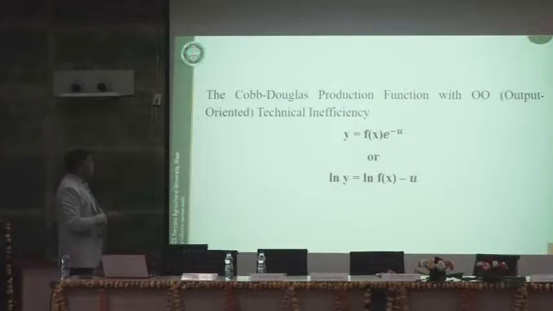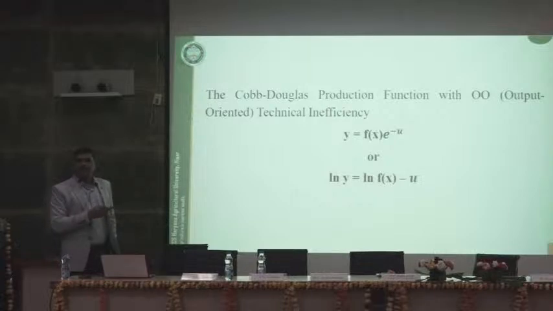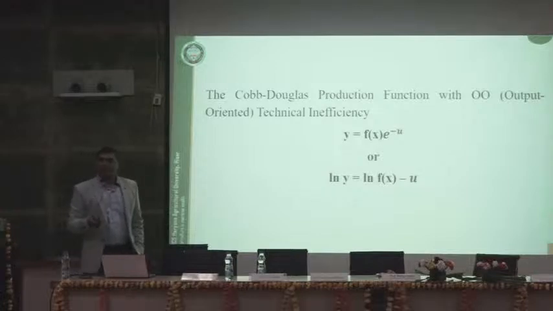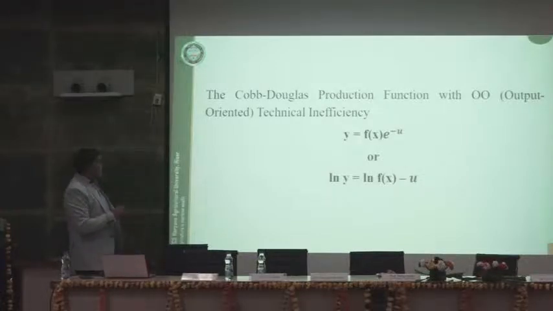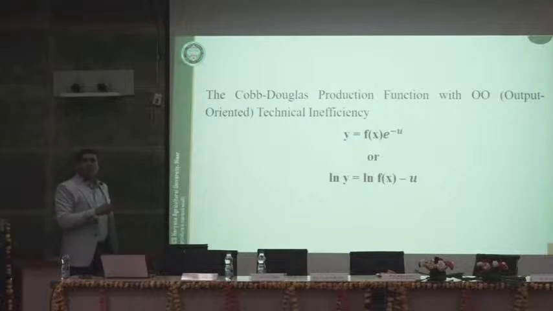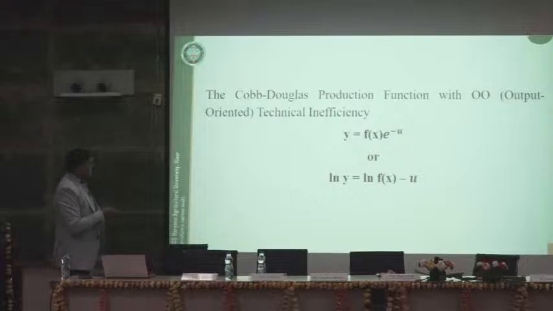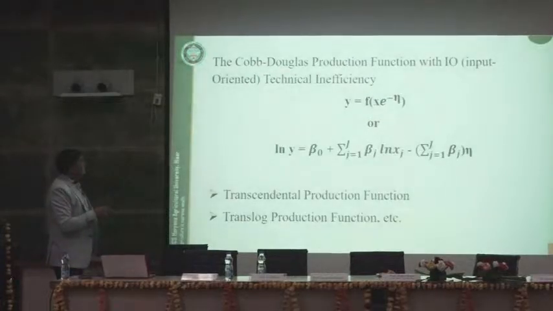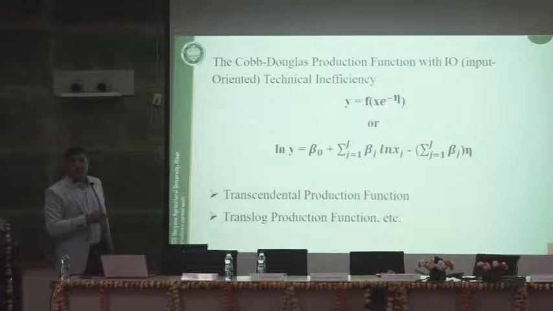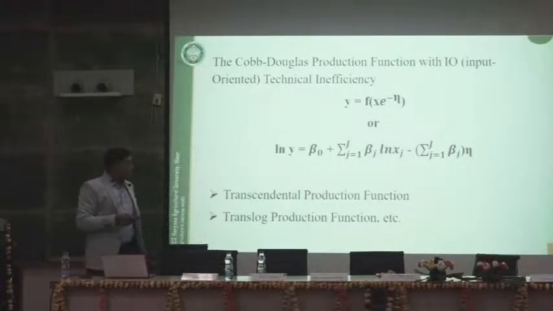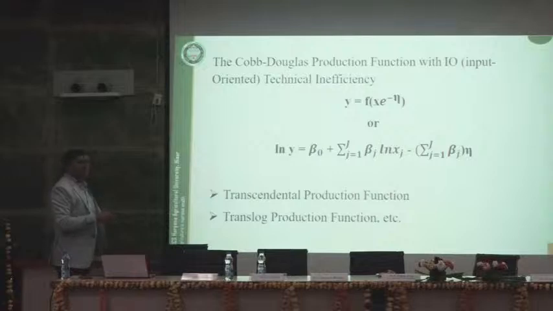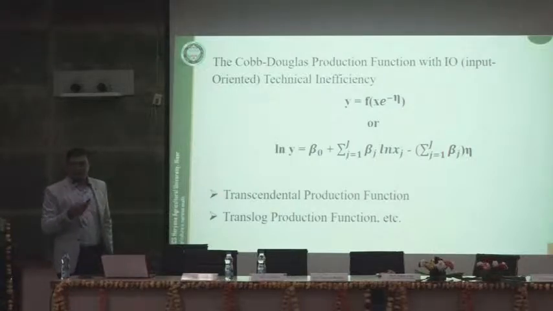And this is the functional form of the Cobb-Douglas function with output oriented inefficiency. There are two types of inefficiency: output oriented or input oriented. This is the form of the Cobb-Douglas function in case of output oriented inefficiency. And this is the production function with input oriented inefficiency. And this is the functional form of the production function in case of inefficiency.